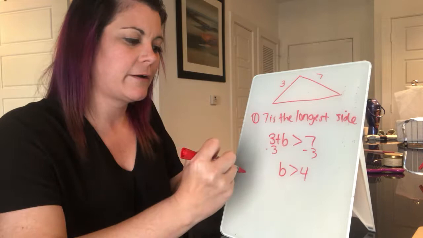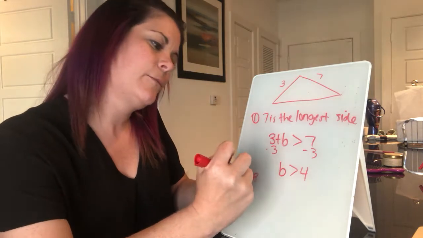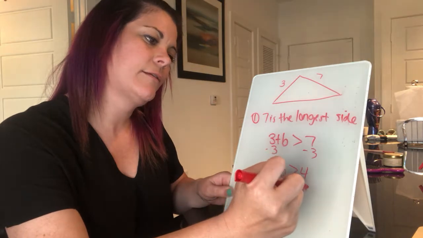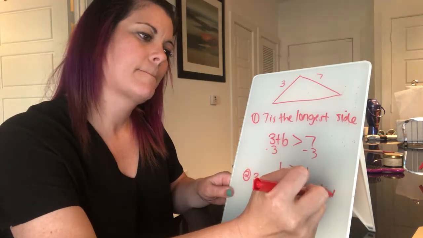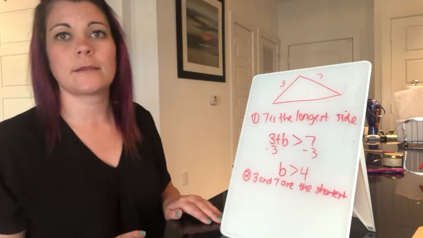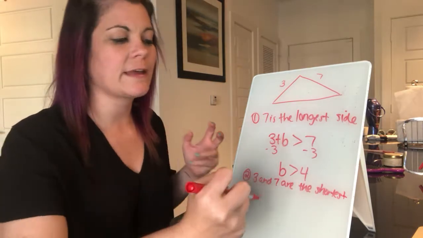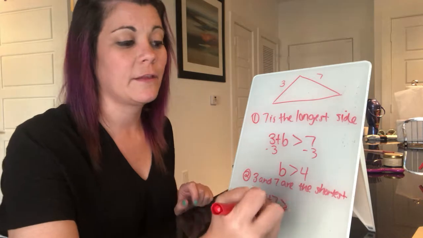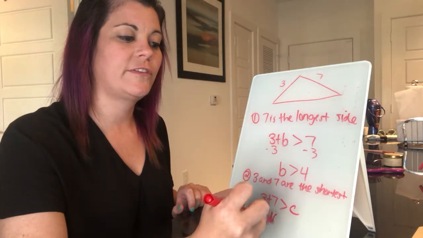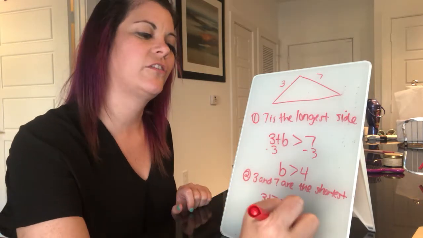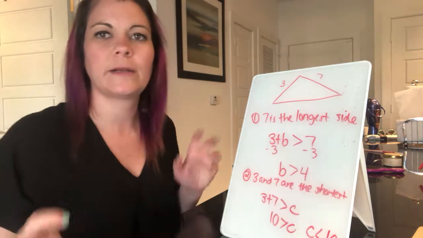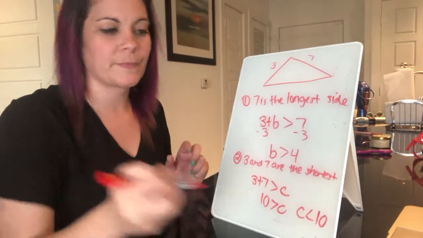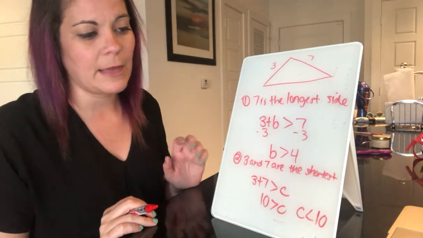The second scenario is that 3 and 7 are the shortest sides. And so then in that case, their sum has to be greater than the longest side. So 10 is greater than C, or C has to be less than 10 when I write it with the variable on the left side.